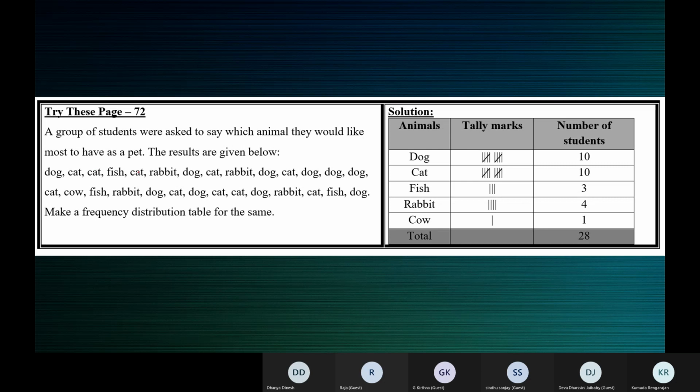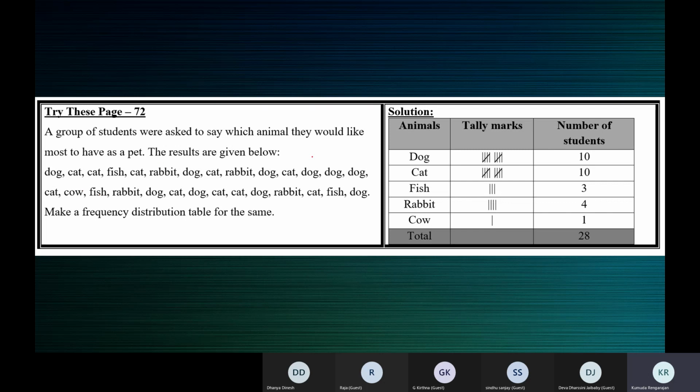So the first one said dog, the second one said cat, the third one cat again, fourth student fish, fifth student cat, sixth student rabbit, seventh student dog. Like that, there are 28 students. 1, 2, 3, 4, 5, 6, 7, 8, 9, 10, 11, 12, 13, 14, 15, 16, 17, 18, 19, 20, 21, 22, 23, 24, 25, 26, 27, 28.